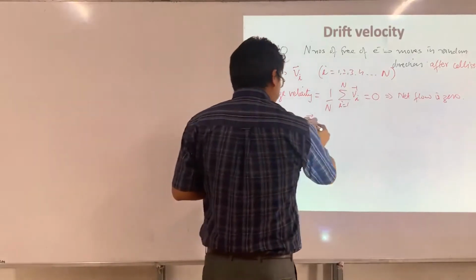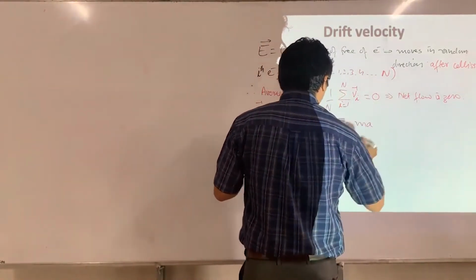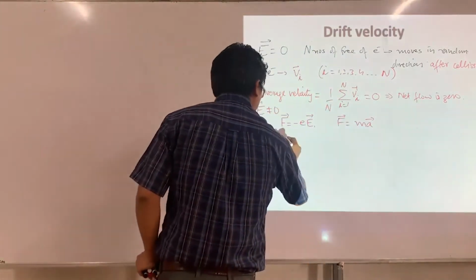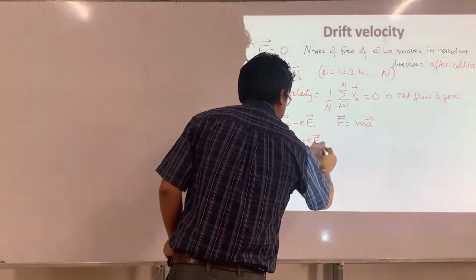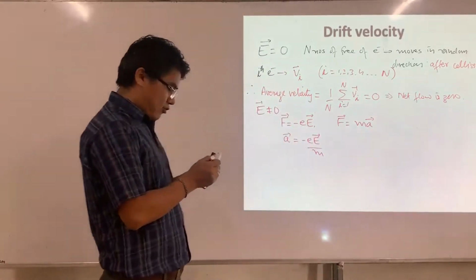Then I say that F is equal to ma. Force is equal to mass into acceleration. Therefore, the acceleration of the electron is going to be this. This is the acceleration of the electron.